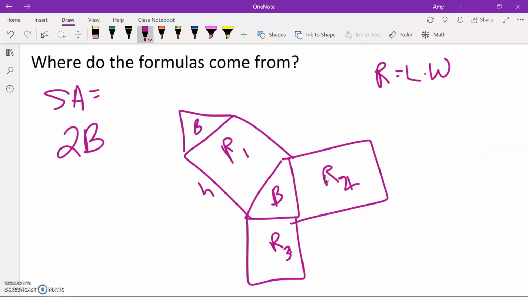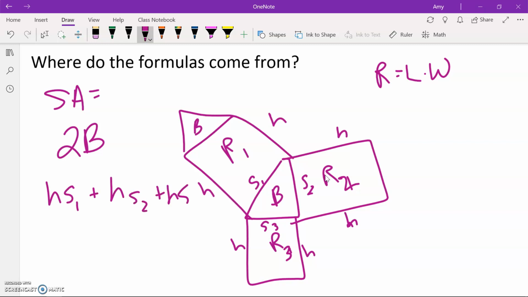So this is the height, and that's the same for every rectangle. Now, this is some side of our base. So now our formula is going to be H S1 for rectangle 1, H S2, and H S3. So those are the areas of the 3 different rectangles that we have.